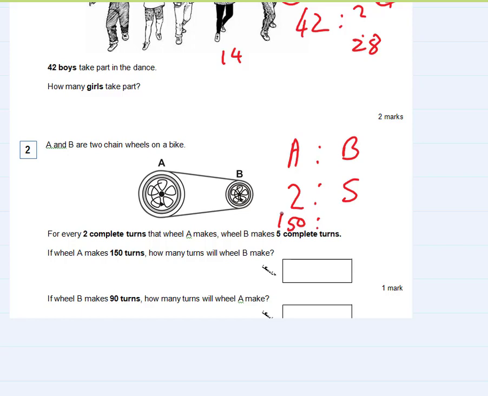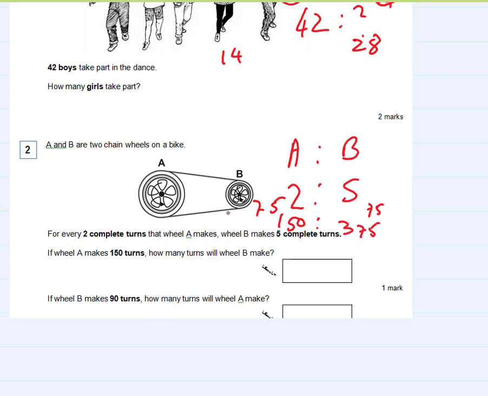Now I think you know what to do. What number turns 2 into 150, or what's 150 divided by 2? The answer is 75. And if you do 5 times 75 on this side, remember whatever we do on this side we've got to do on this side, the answer is 375. Okay, so that's the answer there.